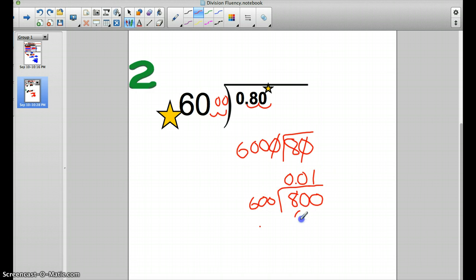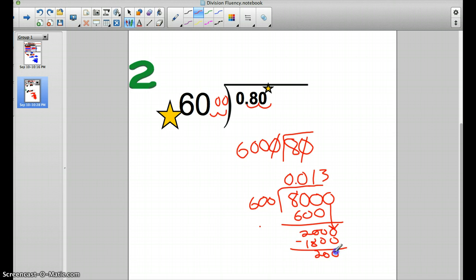600 times 1 is 600. There's 200 left. Can 600 go into 200? It cannot. Put a 0 here. Bring this 0 down. Can 600 go into 2000? It can, 3 times, giving us 1800. 200 left over.